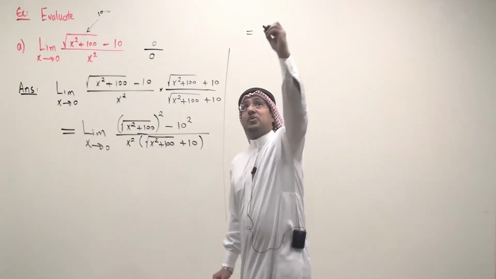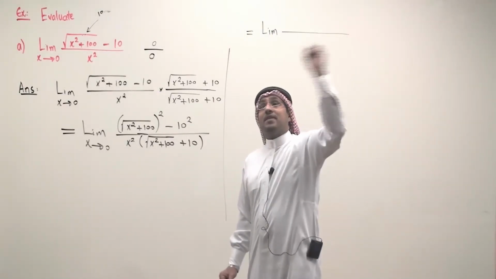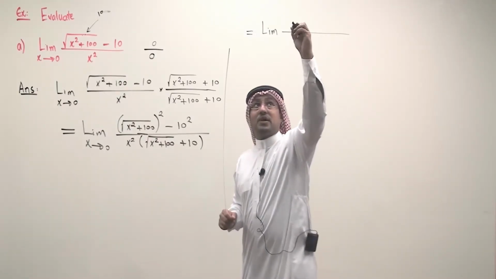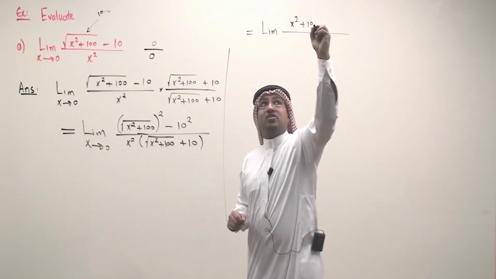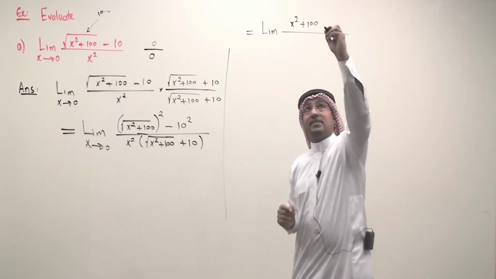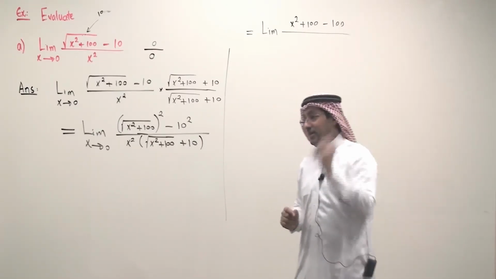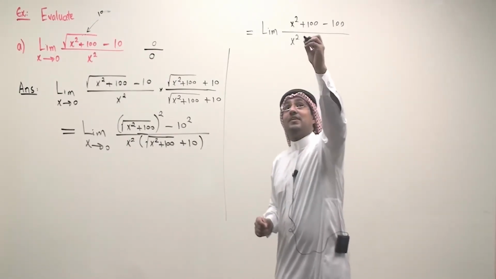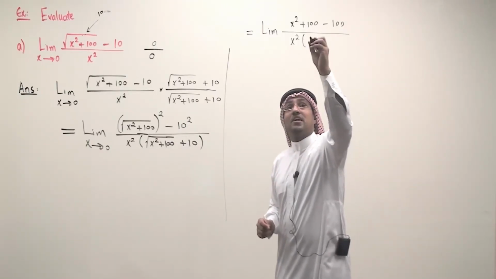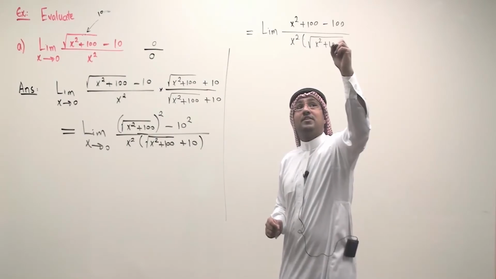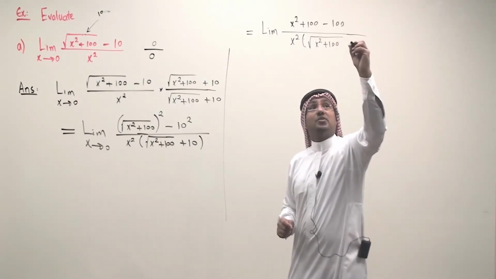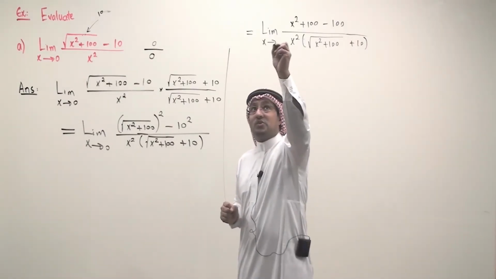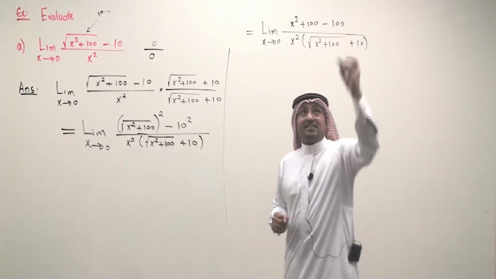Let's go on and simplify things. So this one equals the limit of the square root of x squared plus 100 squared, which simplifies to x squared plus 100 minus 10 squared, which is 100 as well. And downstairs you have x squared times the square root of x squared plus 100 plus 10 outside the root, as x goes to 0. You see here, things simplify.